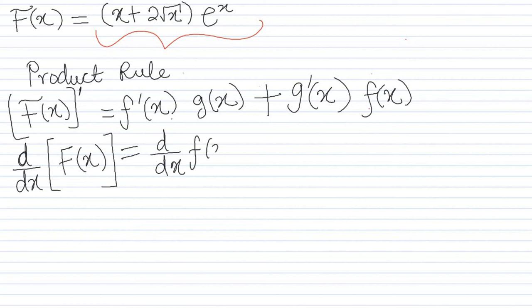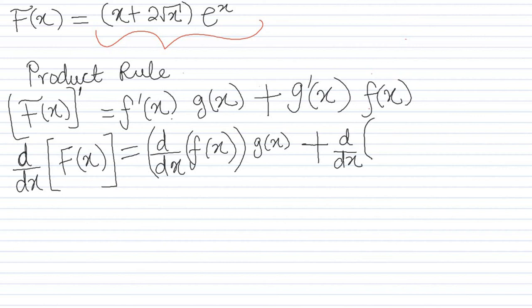And then this whole thing multiplied by the second subfunction g of x, underived, plus the derivative of the second subfunction, d dx of g of x, multiplied by just the first subfunction that has not been derived. So that's basically what the product rule looks like.